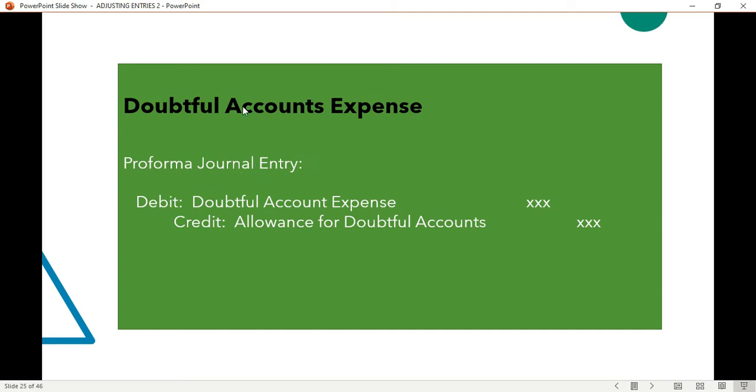Upon recognition of doubtful accounts expense, you debit doubtful accounts expense and credit allowance for doubtful accounts. The allowance for doubtful accounts is a contra asset account. Your accounts receivable should be presented in the balance sheet at net realizable value, which is accounts receivable gross minus the allowance for doubtful accounts.